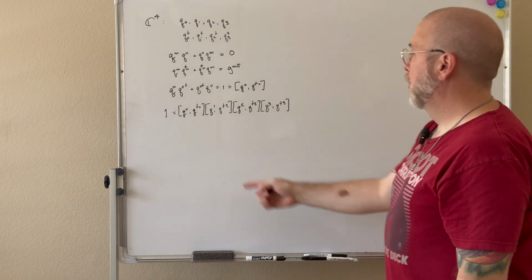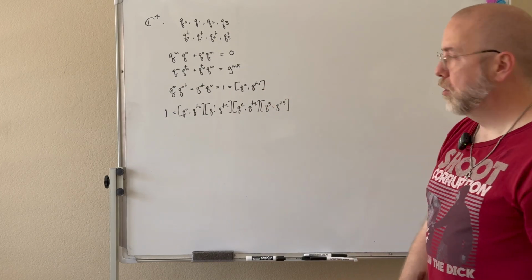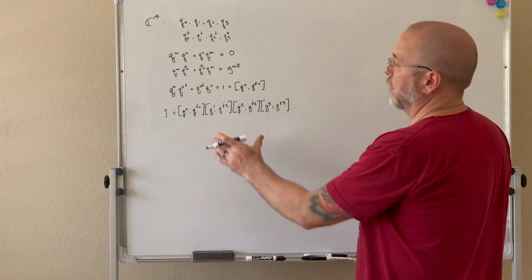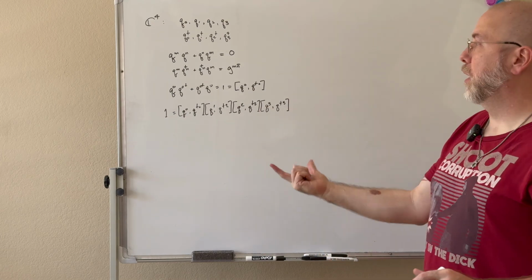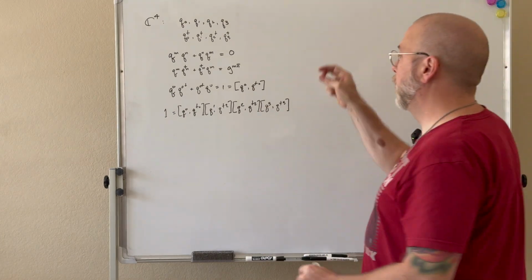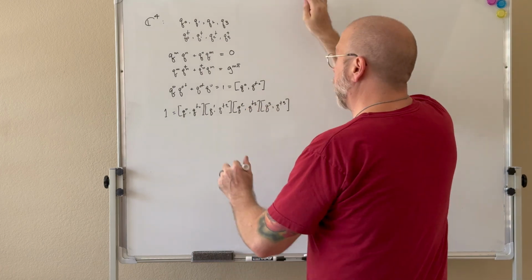Right, obvious. 1 times 1 times 1 is 1. This gives me 2, 4, 16 different elements if I read it out individually. So let's do it. Not all of them, but you'll get the idea.